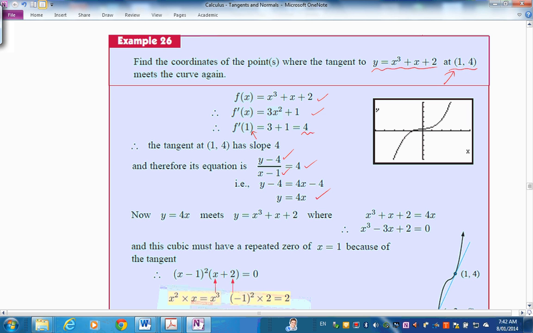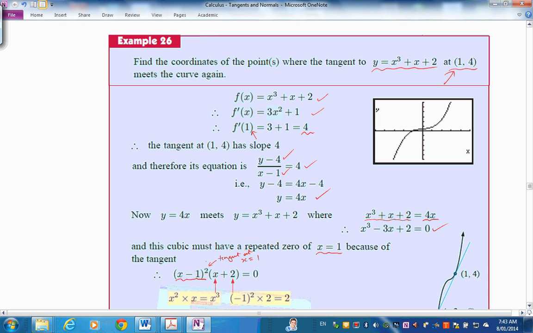Where does it meet the curve again? It'll meet it again when the function equals 4x. That gives you this one here. Now, if there's a point of tangency, there's a repeated zero. So here there will be (x - 1) squared, because it's a tangent at x = 1. That's not strictly speaking in this course, because we don't do any polynomial stuff in this course, but that's an idea.